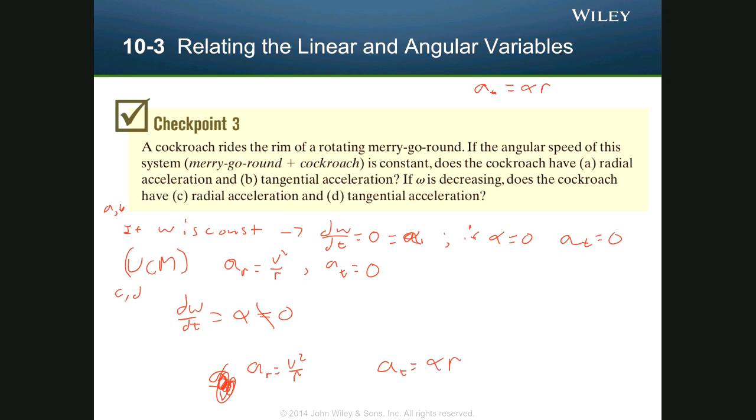So this will be a yes, and this will also be yes. Keep in mind, you're not being asked to solve for the actual radial acceleration here. There's no math. You're just identifying whether you have a certain property or not. And in a lot of ways, that's a far more important skill than being able to solve simple math.